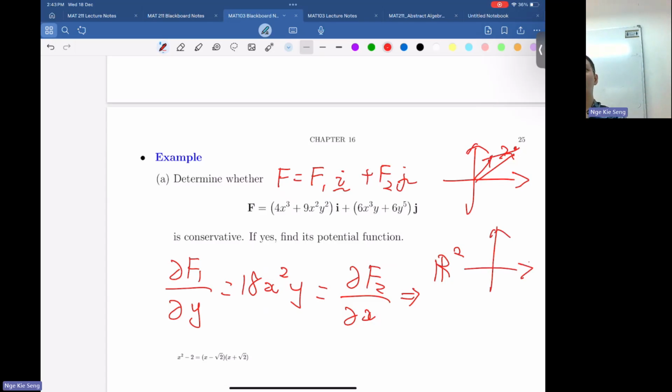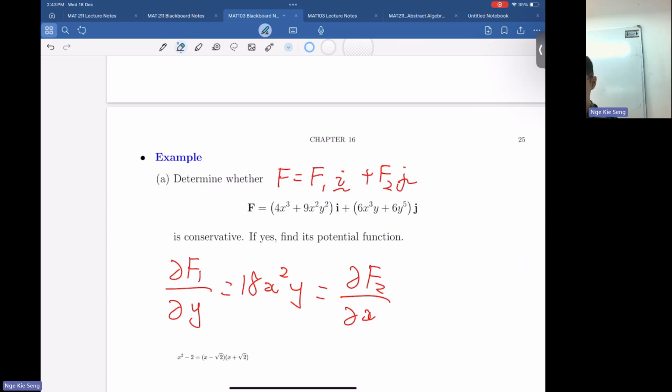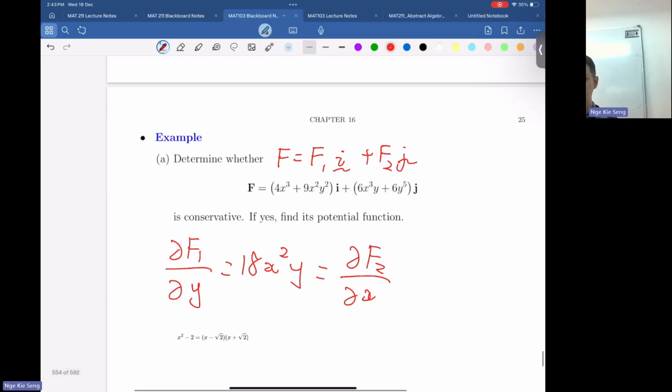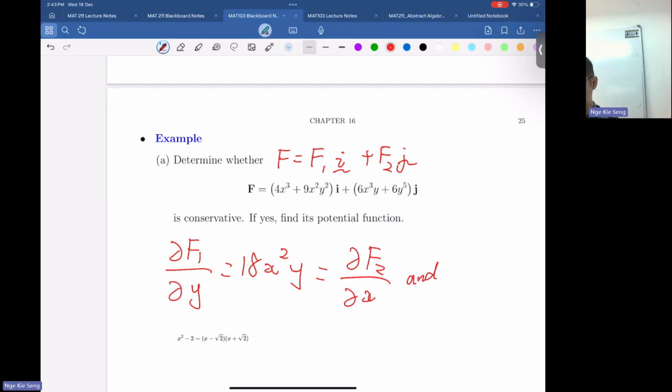Because R2 has no holes. Every closed curve you can shrink into a point. We are not too rigorous here; you can explain using your own words, because we won't make you check this kind of thing in the course. But still, we need to tell you what properties are involved.